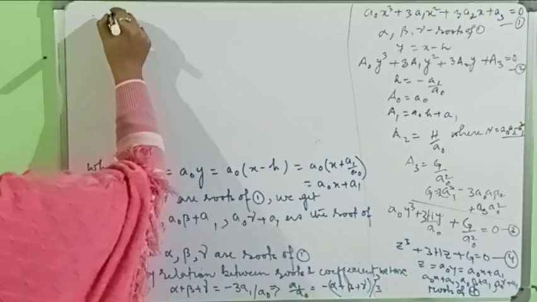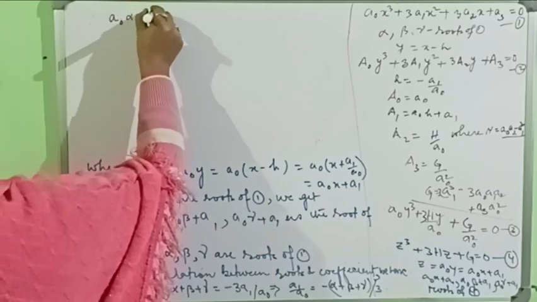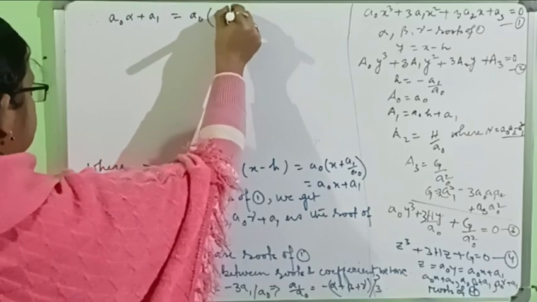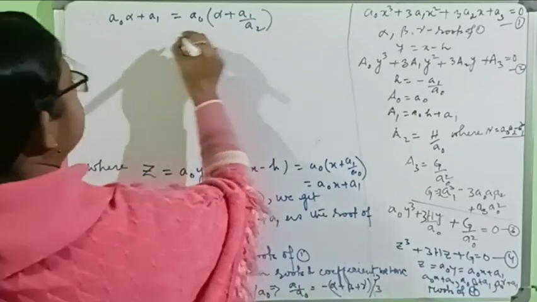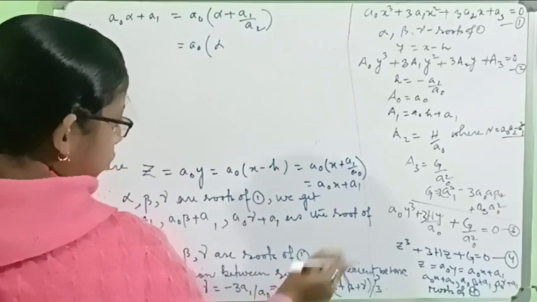Therefore a naught alpha plus a1 can also be written as a naught times alpha plus a1 by a naught, because we are taking a naught common. Now substitute the value of a1 by a naught.